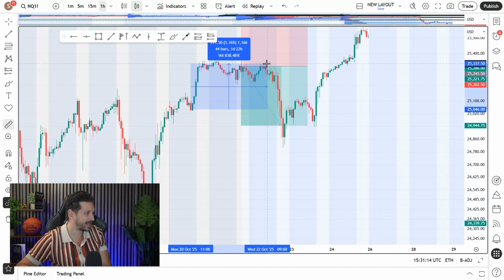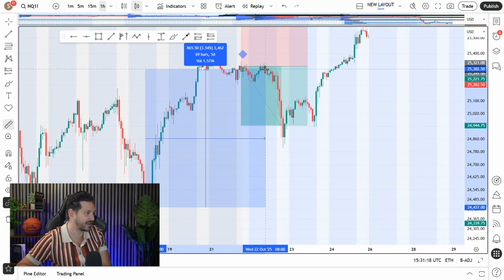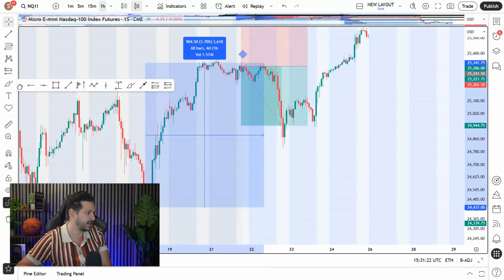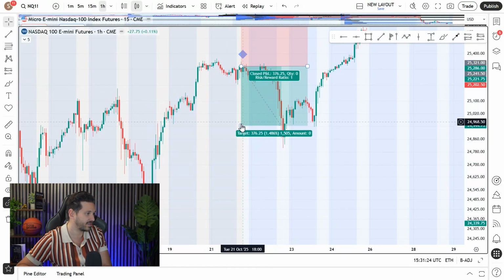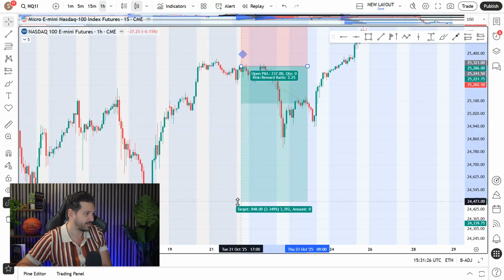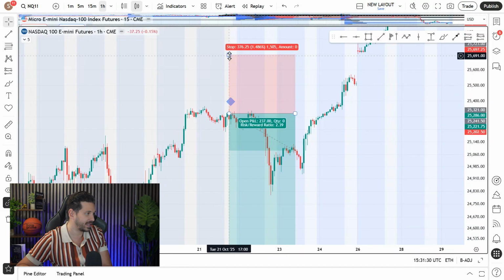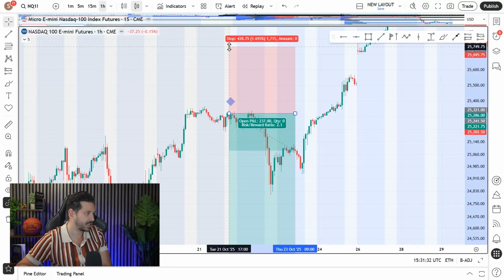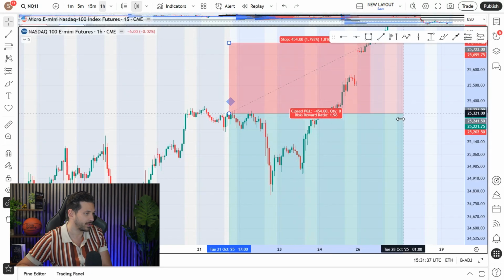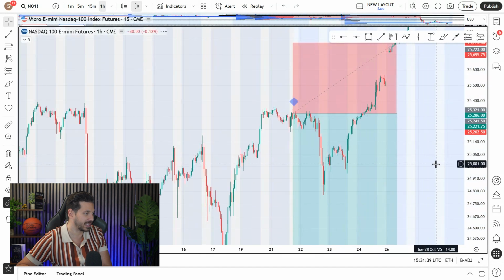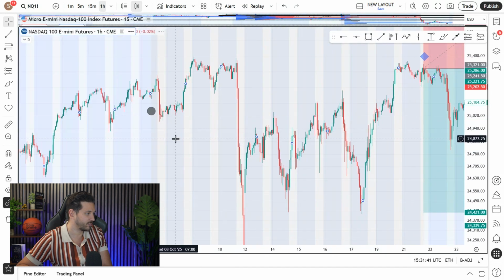But okay, for this point, I feel like I've been taking the bigger leg. So here, this leg has been 900 points again. So obviously 900 would be all the way down here, and 450 would be our stop, and we would have got stopped out. Boom. All right, so we lost one trade. No big deal. Let's go to the next one.